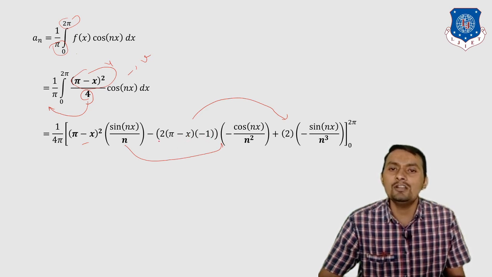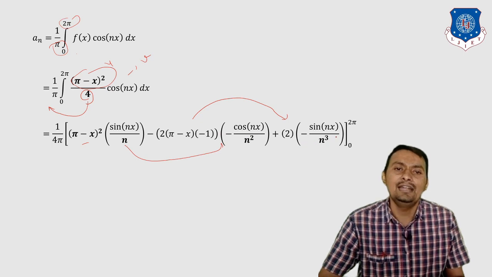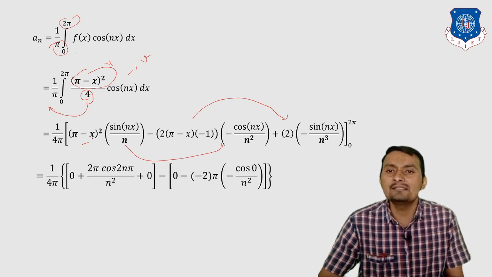So ultimately this is a plus 2, and already plus 1 is there because alternate terms are there, and integration of the cos is sine, but minus is already there, so we get sin nx divided by n cube, limits 0 to 2 pi. Now we are going to put here x is equal to 2 pi.